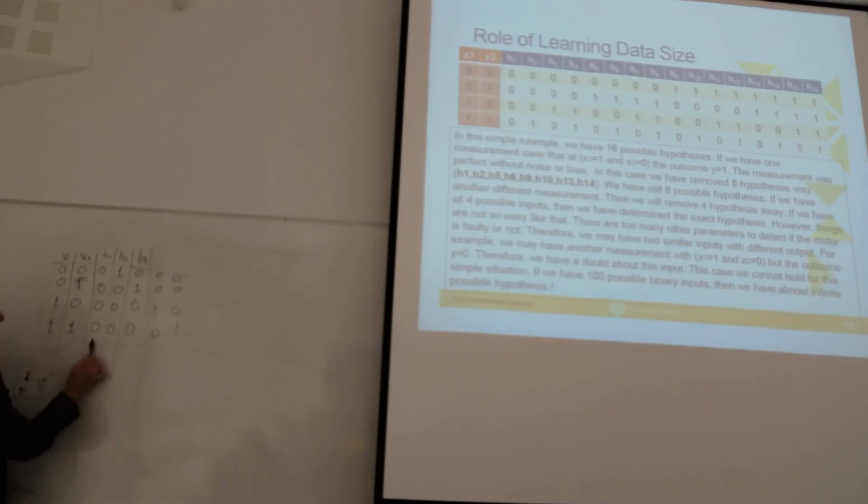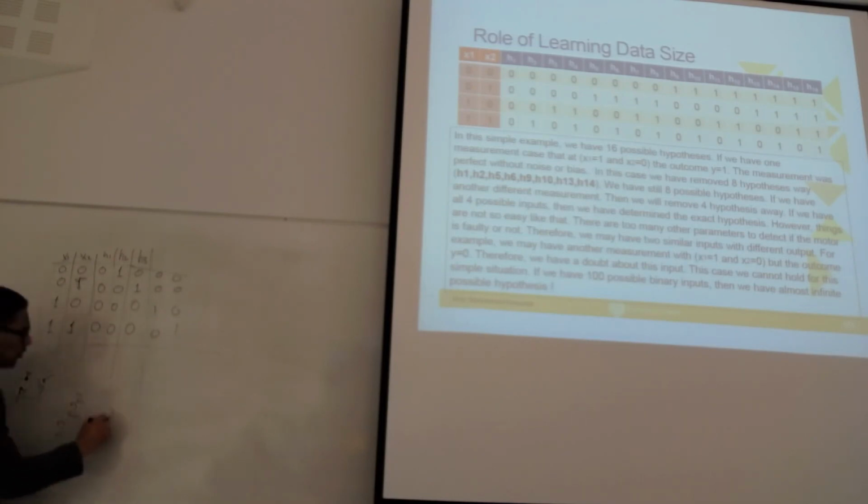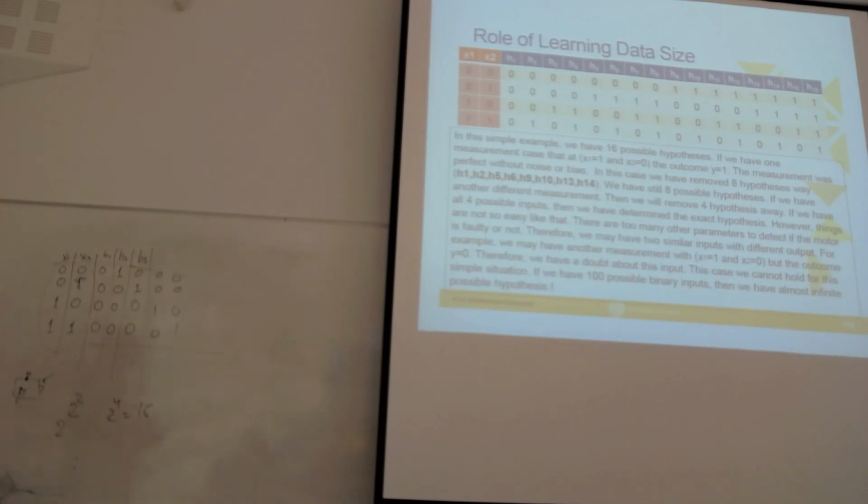And then for 4 cases, we have 2 to the power 4, so we have 16 cases. In this case, there are 16 possible hypotheses. When we talk about hypotheses, we put any possible situation. Those are what we have now on the slide, from 0, 0, 0, 0 until 1, 1, 1, 1.